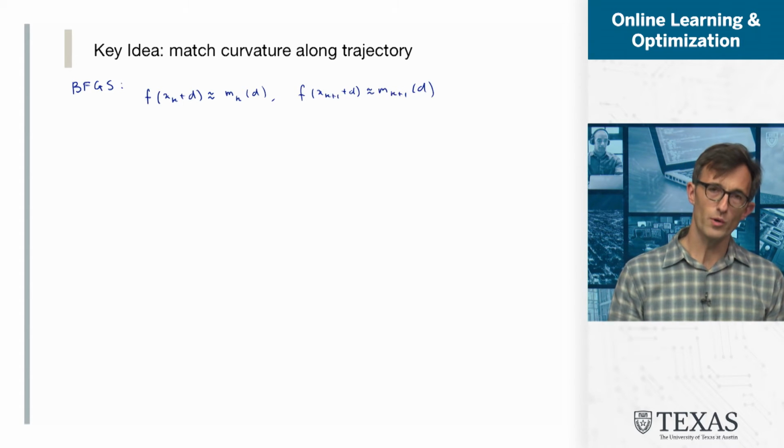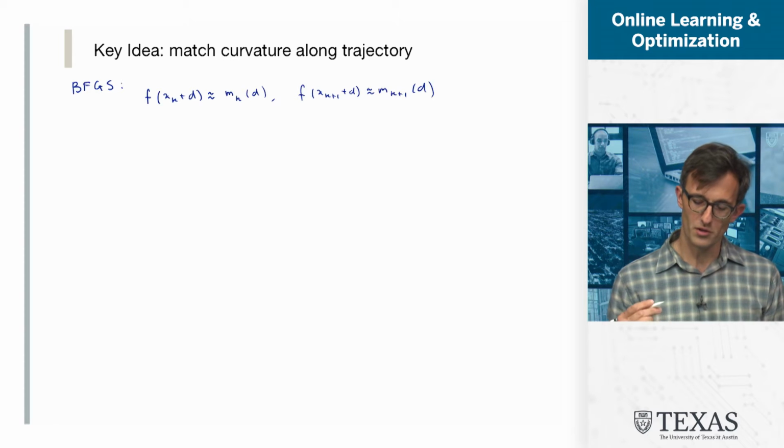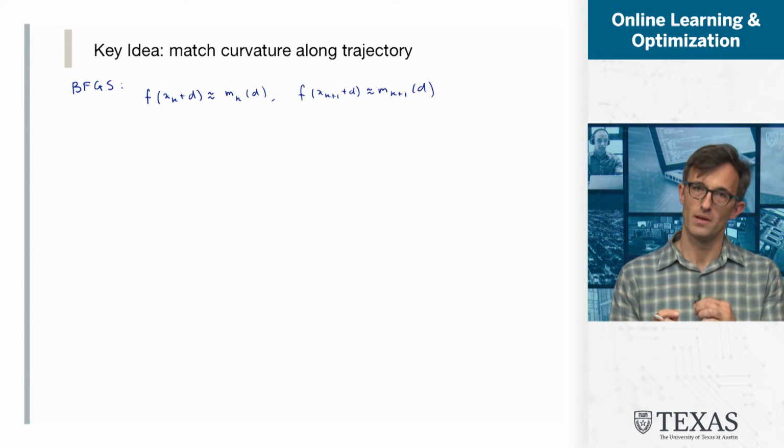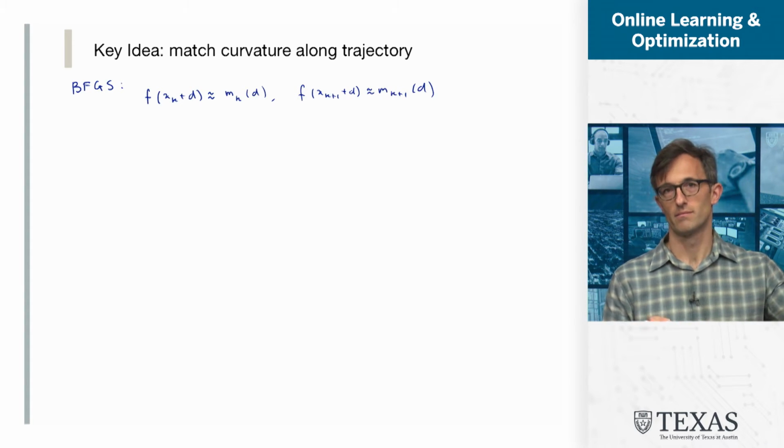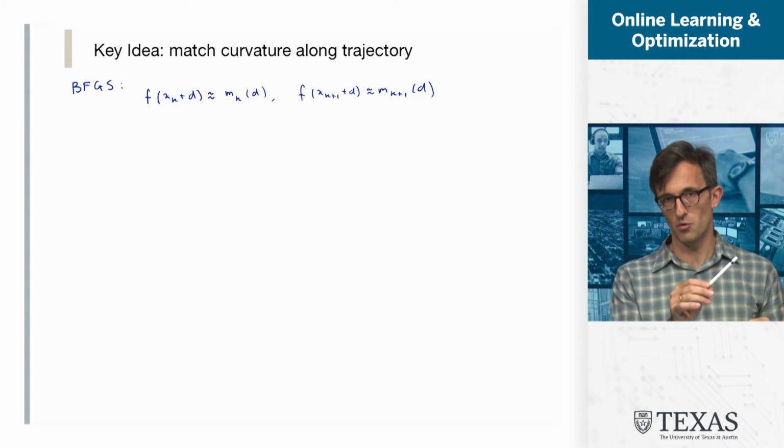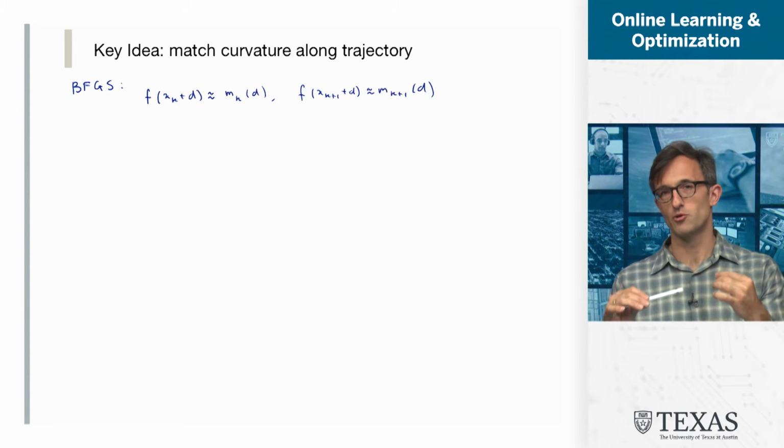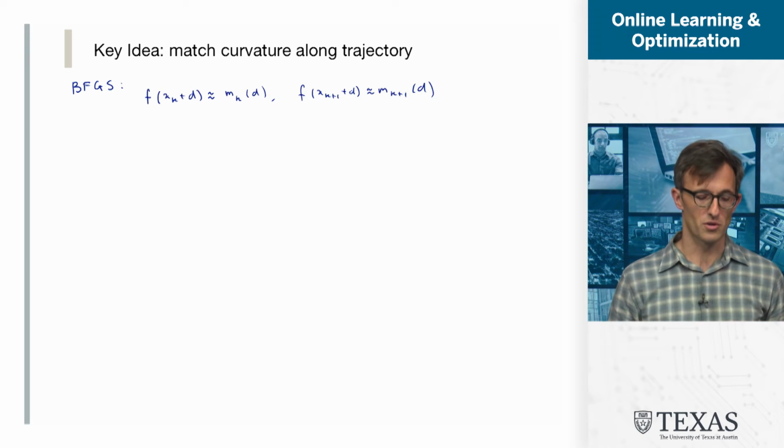The way that we're going to try to match curvature along the trajectory is to explicitly ask that mk+1 matches the slope at 2 points. If you match the slope, meaning you have the same slope as f, exactly at 2 points, that again is like capturing some amount of curvature information.